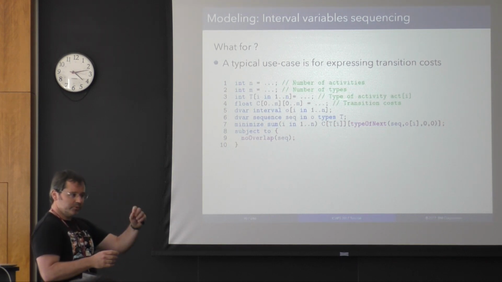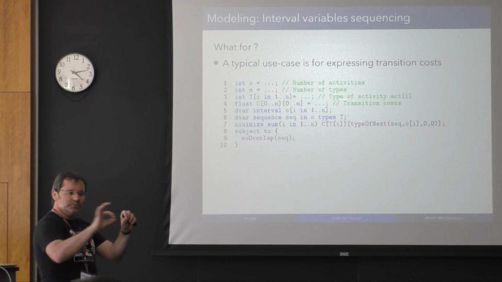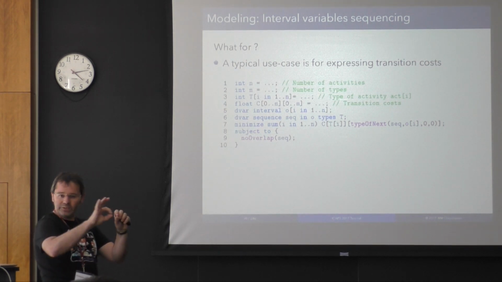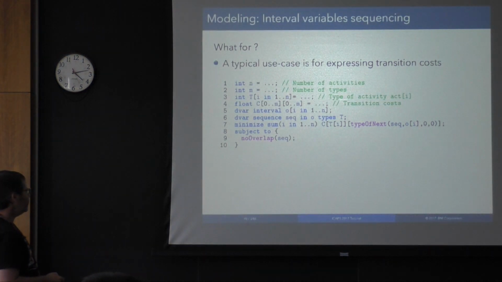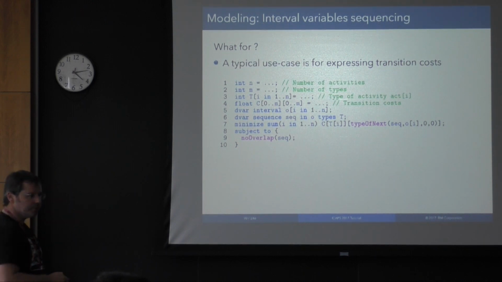For a given element, you don't know which one is next, but in the matrix you will get the cost of the next one, and you will have no overlap. This is a typical use case for this type of expression.